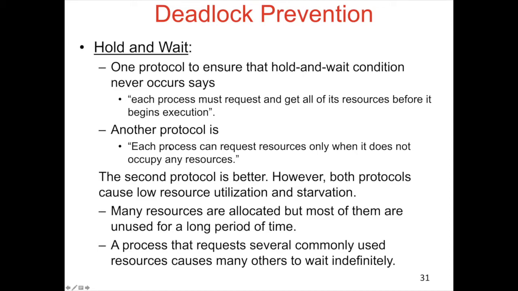Another protocol is that each process can request resources only when it does not occupy any resource. So in this case, for example, the process may request 2 resources, and after using them, it releases them, and it may request other resources and use them, if it is not required to use all these resources at the same time. The second protocol is better.